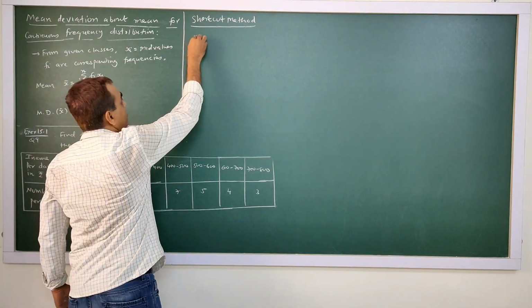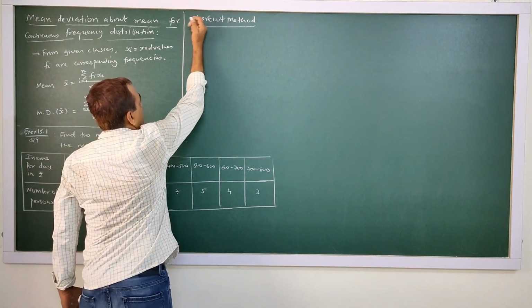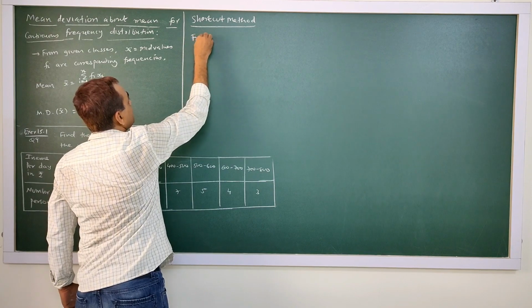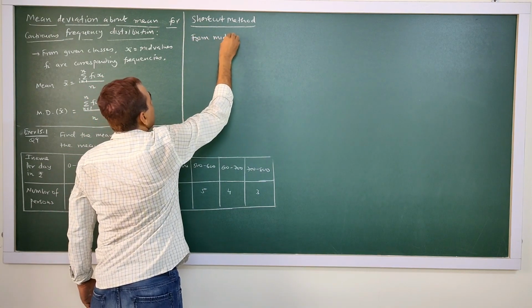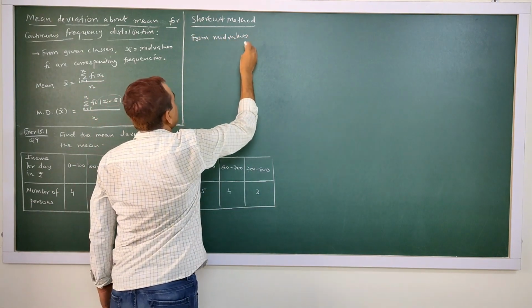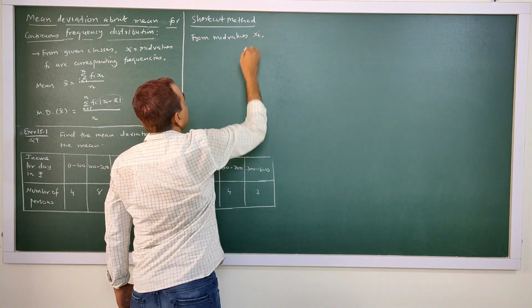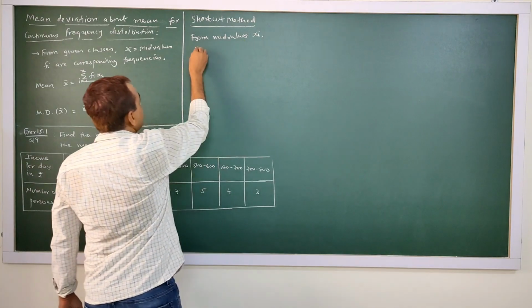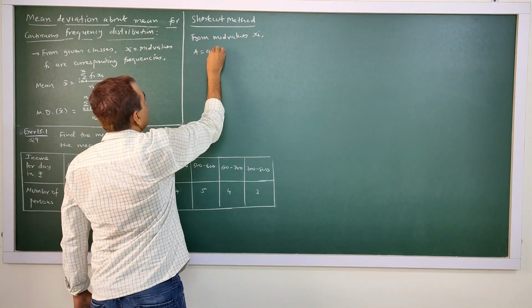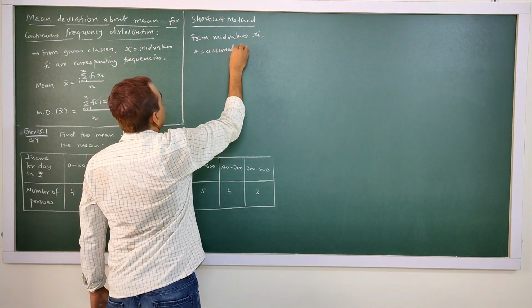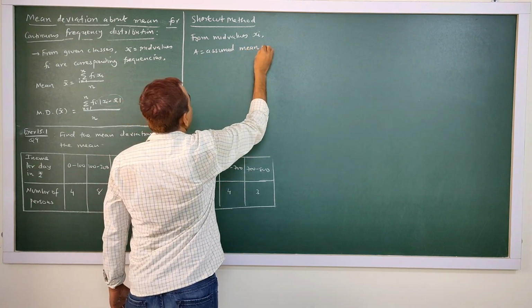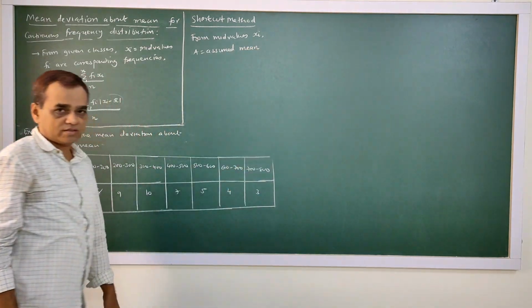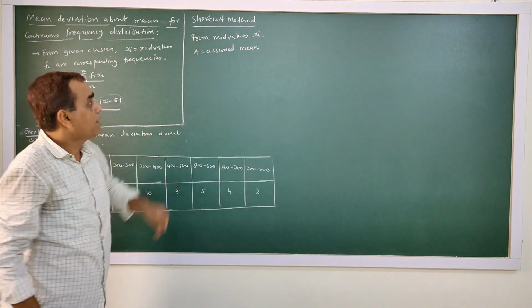Here xi are mid values. From mid values, we select a, the assumed mean.